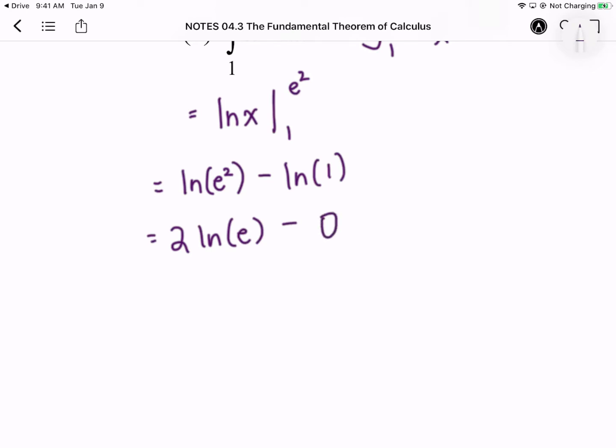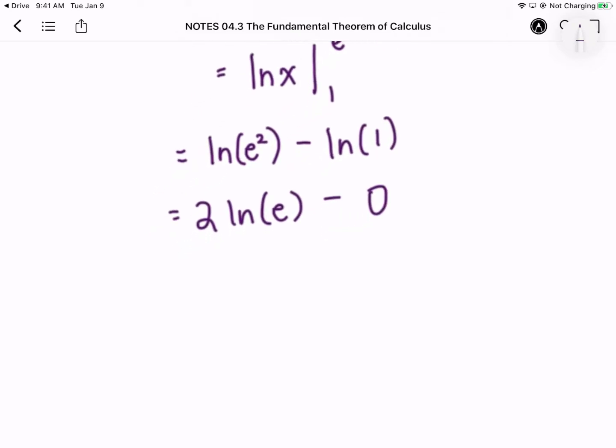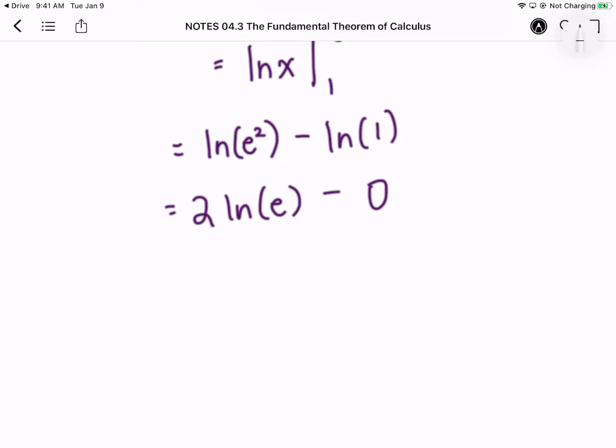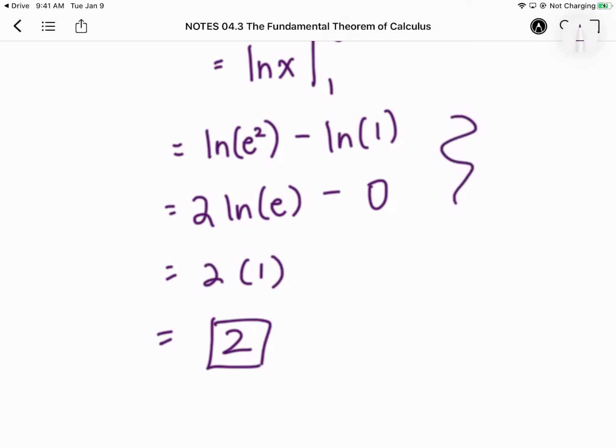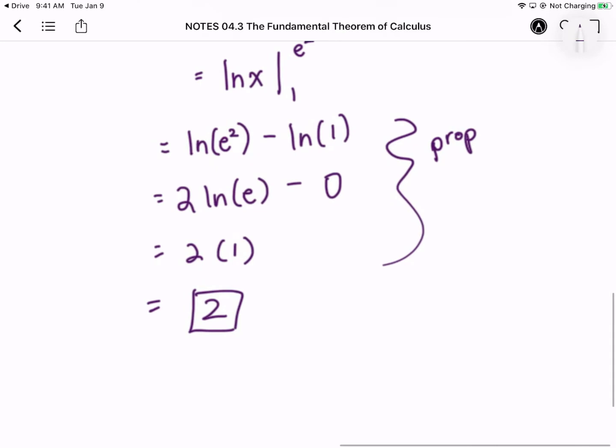Ln of 1 is 0. And the reason why I wanted to bring the power out in this case is because ln of e, they cancel each other out. That's 1. So this is 2 times 1, which is 2. Okay, so I used a lot of properties of logs right here. If you got confused, I guess look up your properties of logs again.